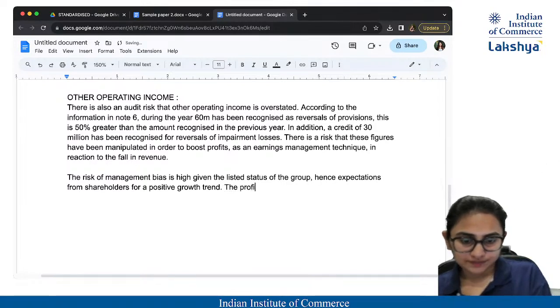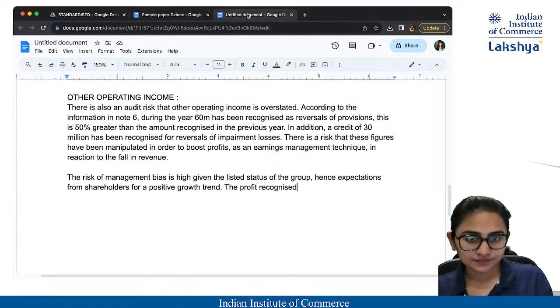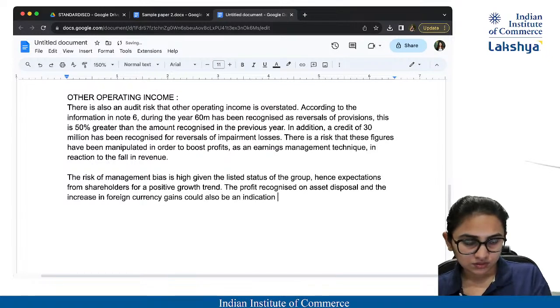The profit recognized on asset disposal, that is 2, and the increase in foreign currency gains could also be an indication of attempts to boost operating profit this year.